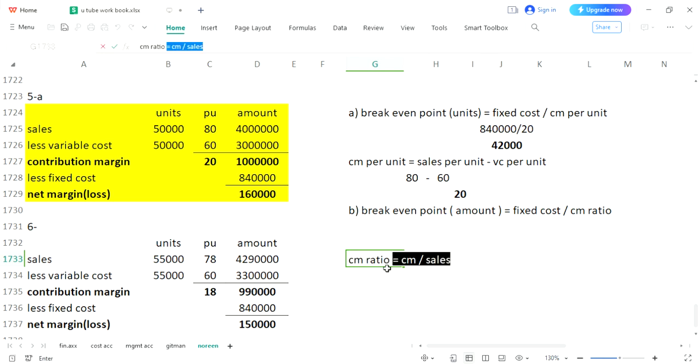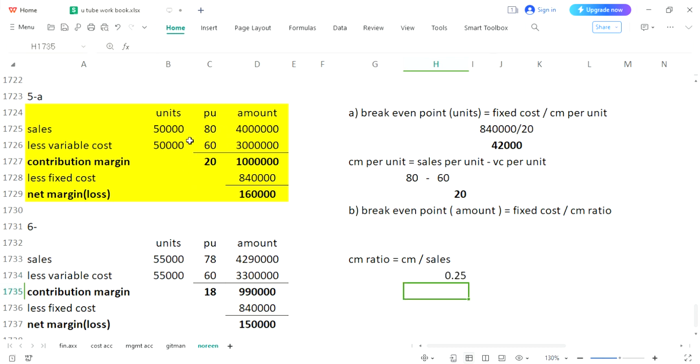When you divide your contribution margin by sales, you get the CM ratio. Here CM was calculated as 20. You can use 1 million or 20; in both ways you will get the same answer. So 20 is your CM and you need to divide it by the sale price, which is 80.